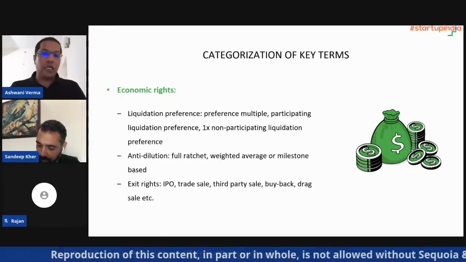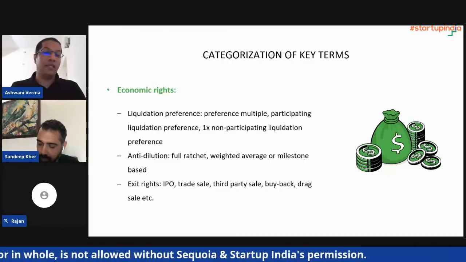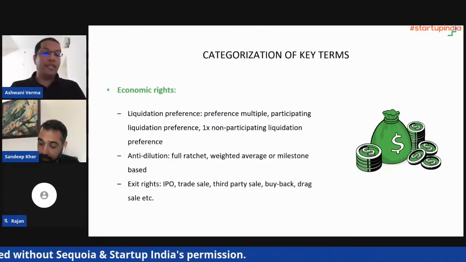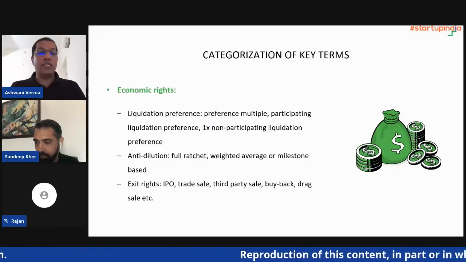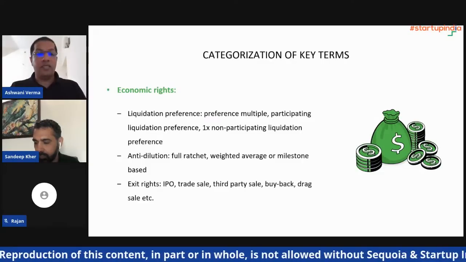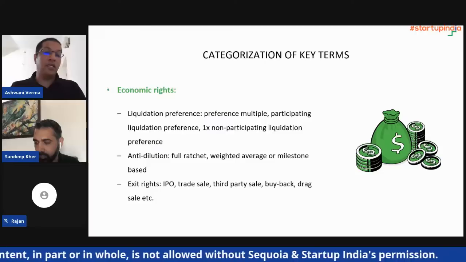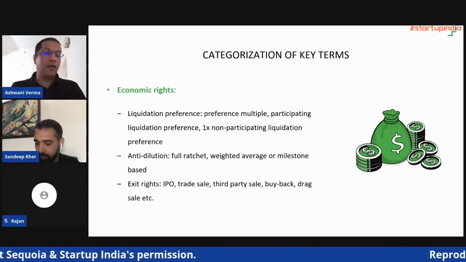Then there is third-party sale, where the company facilitates transfer of shares held by the respective investor. Then there is buyback, which entitles the investor to request the company for buyback of their shares, depending upon obviously the regulatory restrictions and the cash available with the company which can be utilized for buyback.